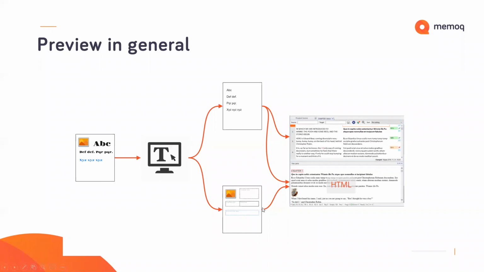And once these are separate, we can make a real, true live preview, because HTML is very flexible. So when you have recreated this formatting in HTML, you can replace the text that goes here with whatever went into the translation. So this is why in the preview pane in memoQ, you can see the translation once it was added.